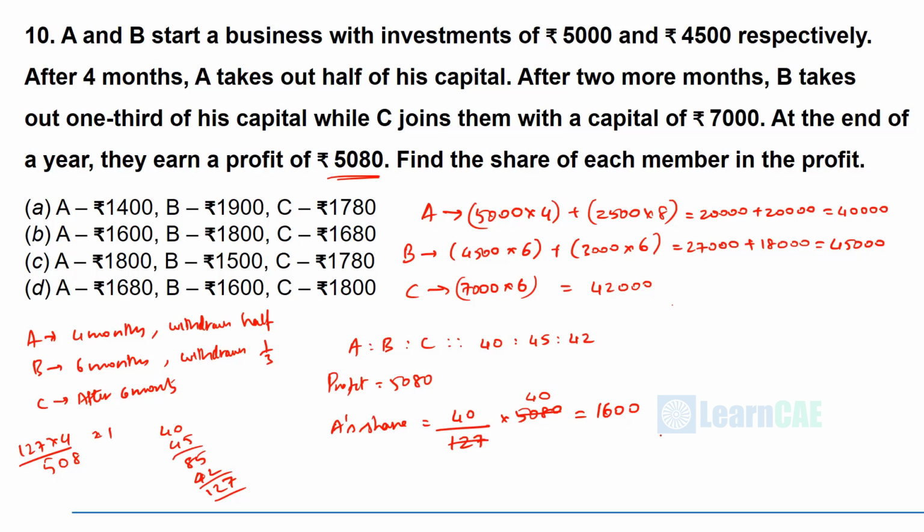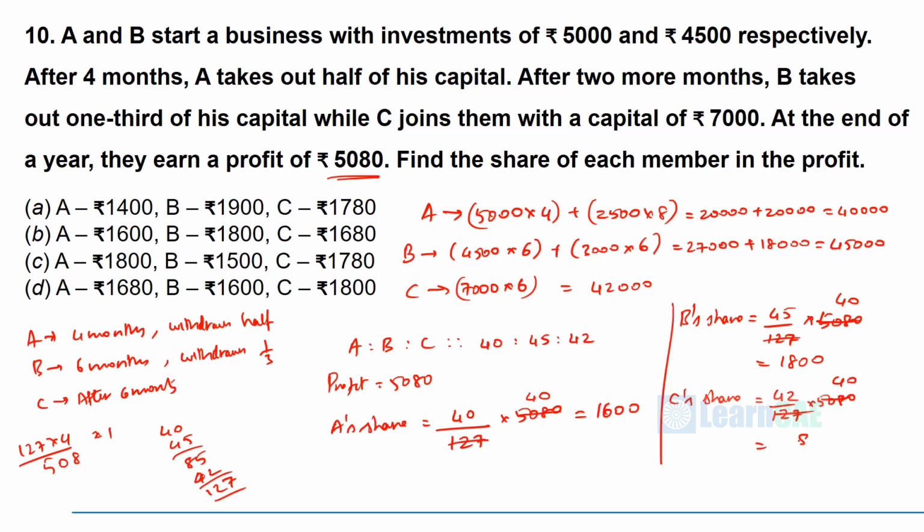Similarly B's share is equal to 45 by 127 into 5080. So this will be 40. So this is equal to 90 plus 90, 180, another 0. Okay. C's share is equal to 42 by 127 into 5080. This is 40. So the product will be 2 4s are 8, 4 4s are 16, 1680.